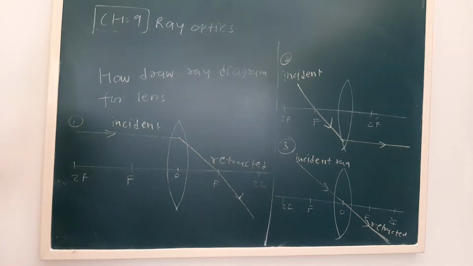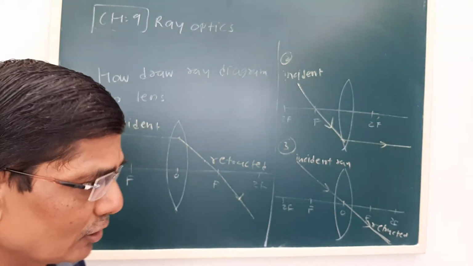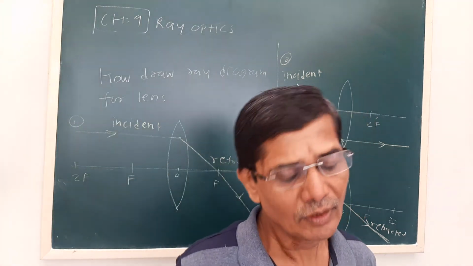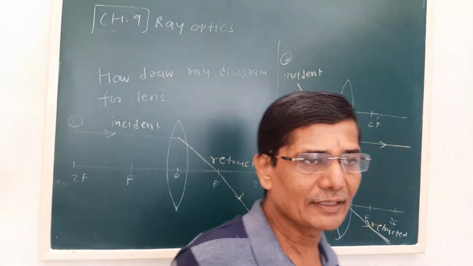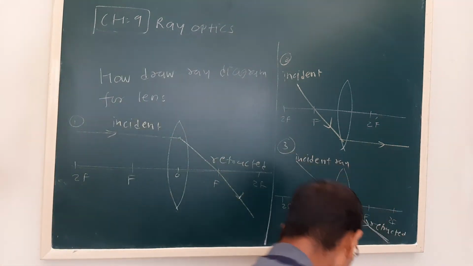It moves undeviated. What is the meaning of this? The path will not change. By using these three basic conventions, we can draw the ray diagram for the convex lens as well as the concave lens.